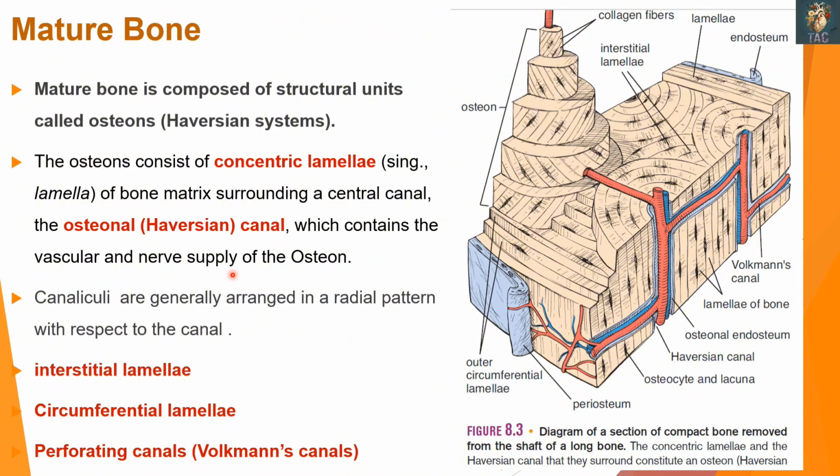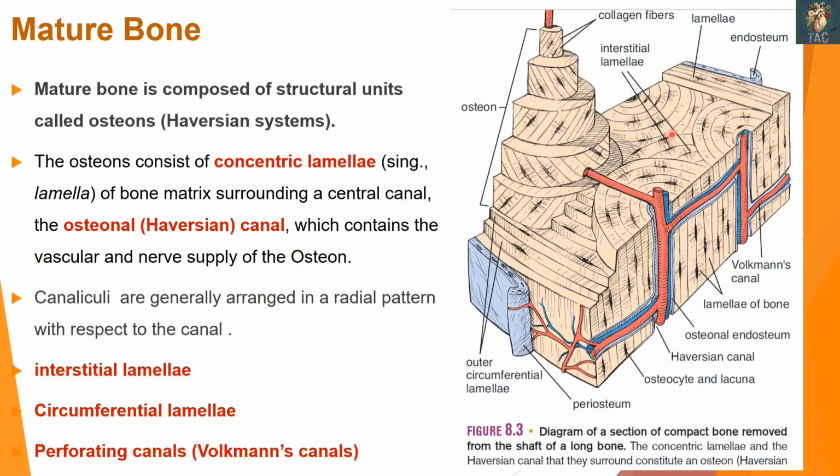The canaliculi are generally arranged in a radial pattern with respect to the canal. So this is the osteonal canal, and these are the arrangements of the canaliculi, which contain the lacunae and canaliculi which are present over here, and you can notice their arrangement. Then I have told you the interstitial lamellae which are present in between the osteons.